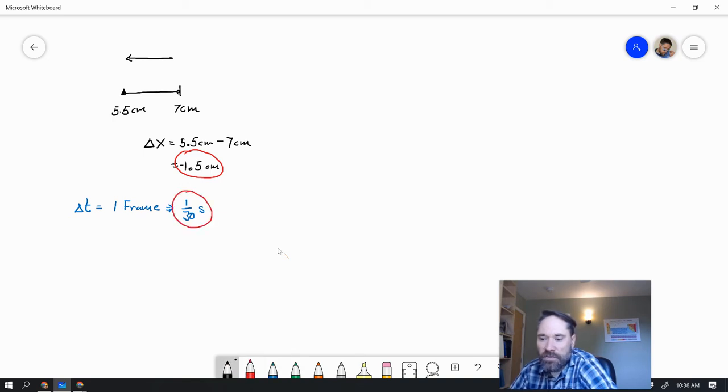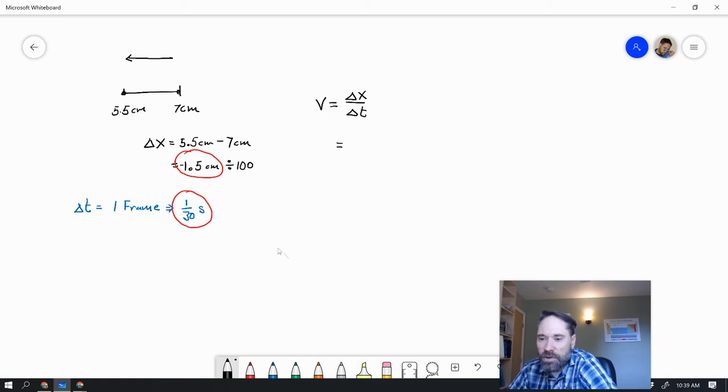So to figure out what my velocity is, I'm just going to say my velocity is equal to my change in position divided by my change in time. And my change in position is this negative 1.5 centimeters. But if I want to figure this out in meters, I need to divide by 100 to get there.